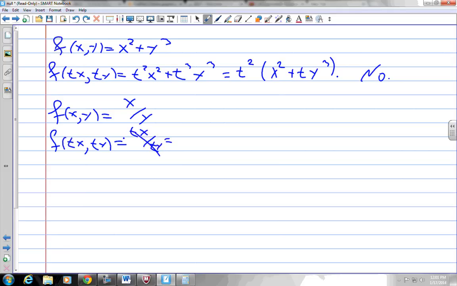So the t's cancel, right? So it's x over y. Did it work? Yeah, it's degree 0. I can always assume there's a silent t to the power 0 on the outside, so it's homogeneous of degree 0. I don't know how good that does, but it's there. Okay.